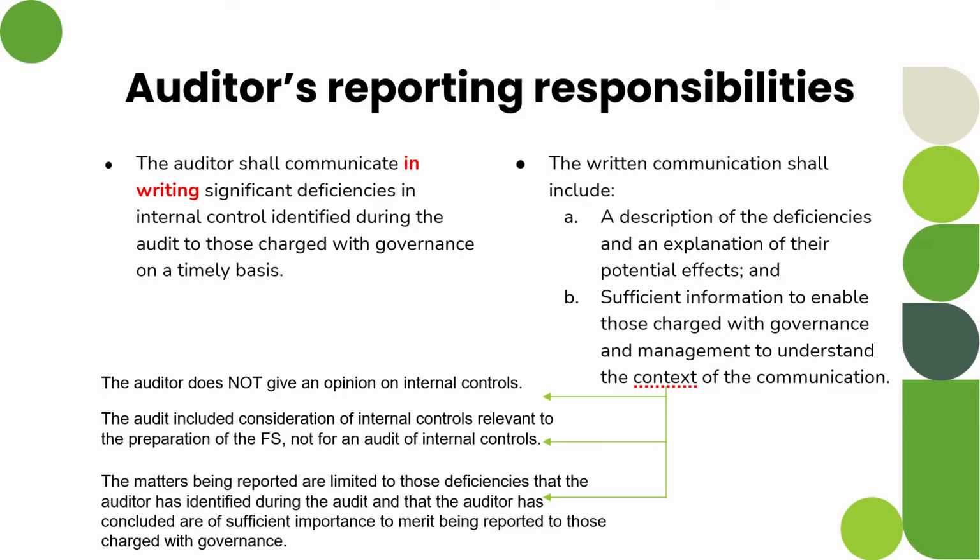In the context of deficiencies that must be reported to management, we apply our professional judgment, but at the onset, we are required to report in writing significant deficiencies, and do not forget material weaknesses as well. While we are required to report in writing, we may also verbally communicate with management, especially if time is of the essence. And when we communicate in writing, we need to make sure that we do not only describe the deficiencies, but we also make management understand the context of our communication.